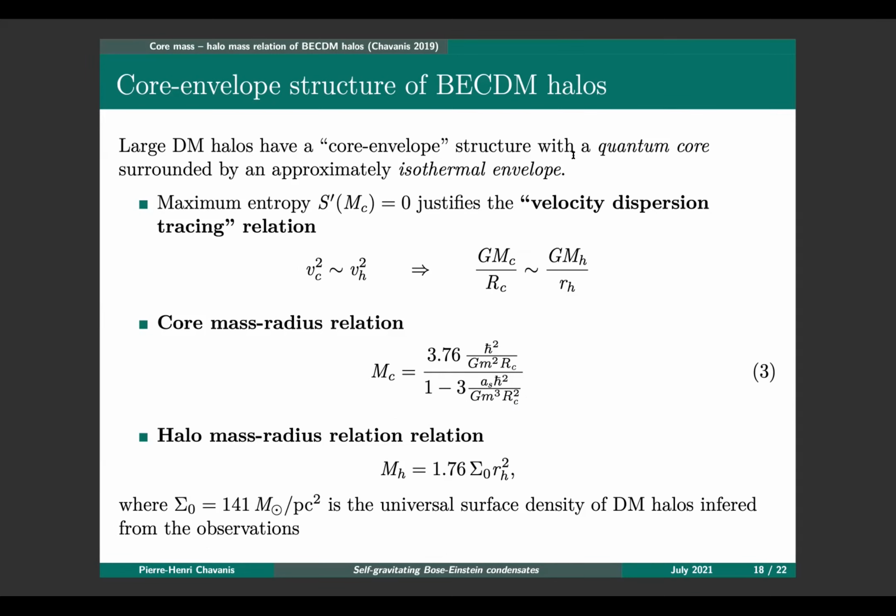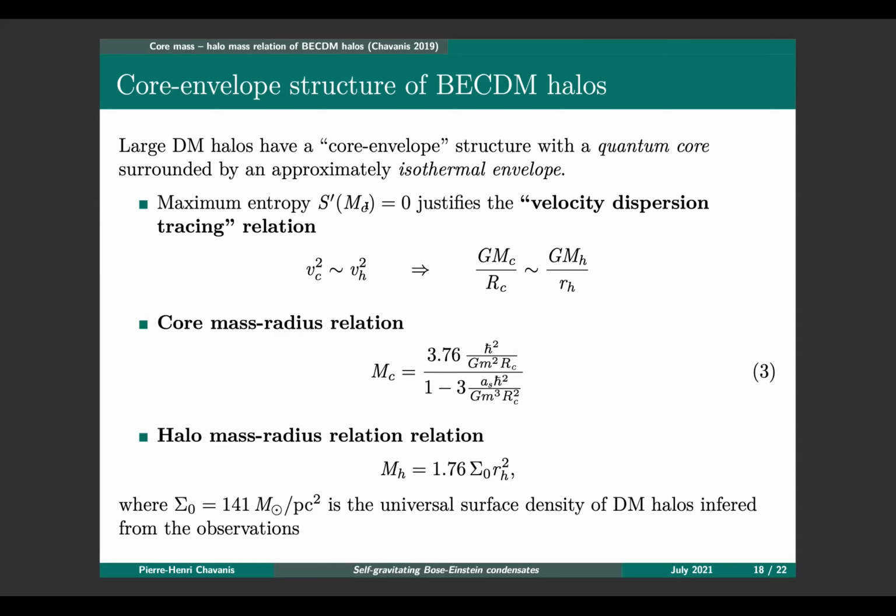The question is to determine the core mass as a function of the halo mass. To that purpose, we can use a maximum entropy principle to look for the most probable state. We can compute the entropy of the system as a function of the core mass and maximize the entropy with respect to the core mass at fixed total mass and total energy to obtain the most probable core mass of the system.